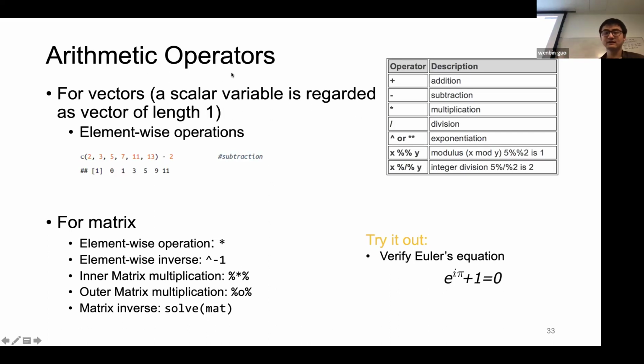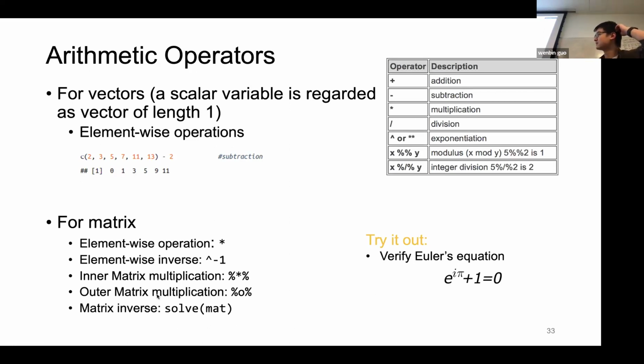So these are the arithmetic operators, but for matrices, in addition to the ones we talked about, there are the element-wise operations, times or inverse. And we also know matrices have some other advanced operators for the inner product and outer product. Simply use the double percent with the times in between.